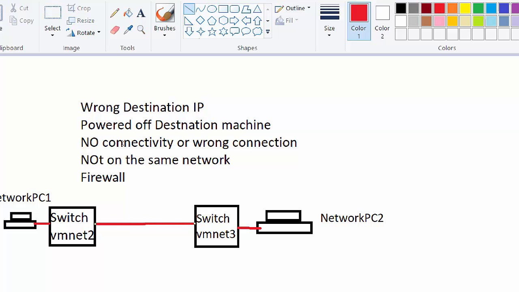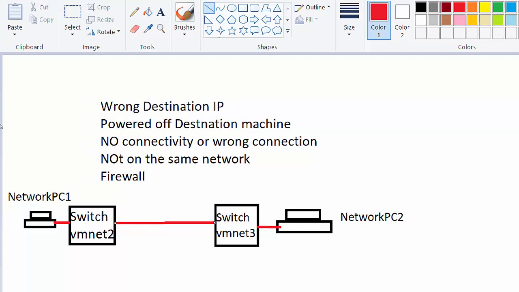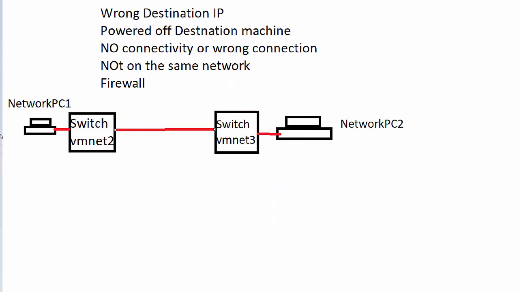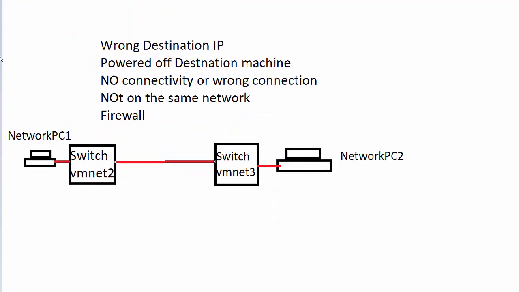The second thing is bring both machines to the same switch, connecting both machines with the same switch. That we can do easily in our lab. So first we need to establish the connectivity.